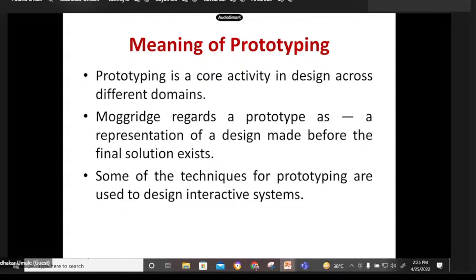Third principle is design thinking. There are 6 principles of design thinking. We'll discuss later on. IDEO is a company. They have described design thinking in 5 ways. We'll discuss one by one. Empathy, idea, prototype, testing, like that.